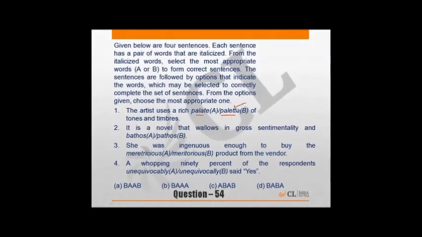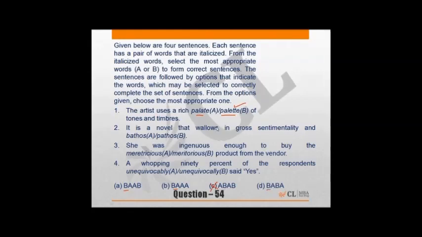The word palette, most of us would know, is the name of the board on which the artist puts the paints and mixes them. It also means range, quality and use of available elements. So palette is the correct one. Statement 1, the correct choice is B. So B is available in choice A, in choice B, not in choice C, so choice C is incorrect, and in D.